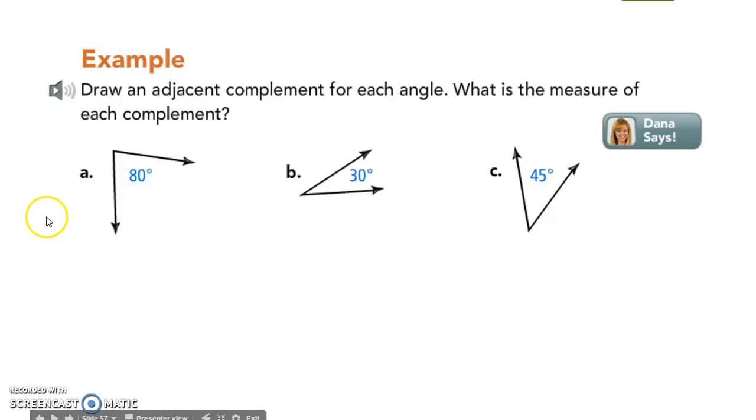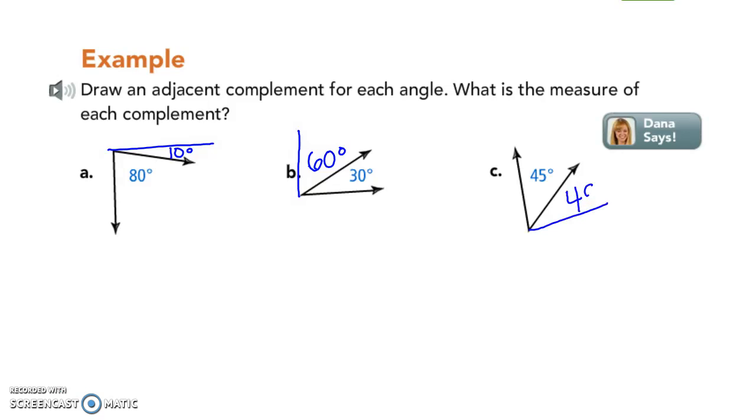If you had a question that said for you to draw an adjacent complement for the angle, you're trying to figure out what other angle would you add on to this to make a 90-degree angle. It would be 10, it would be 60, and it would be 45. Okay, so what would add on to that already there angle to equal 90 degrees for an adjacent complement?